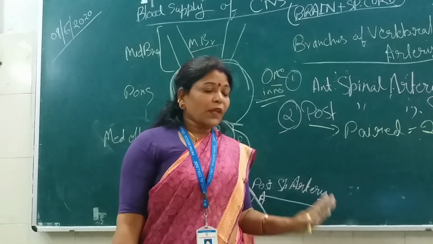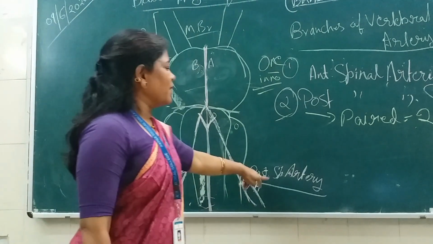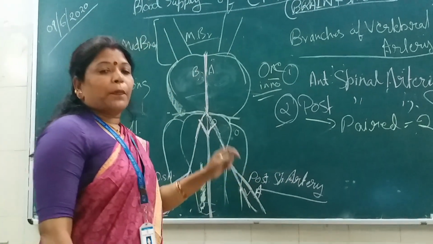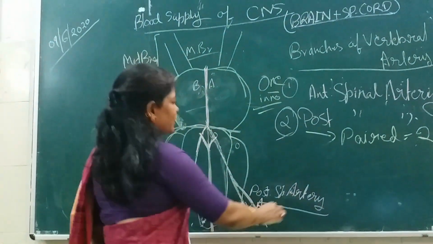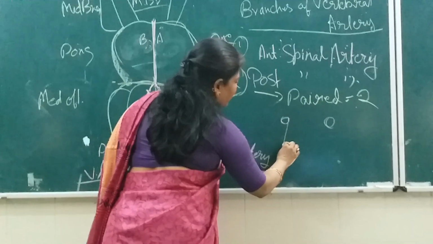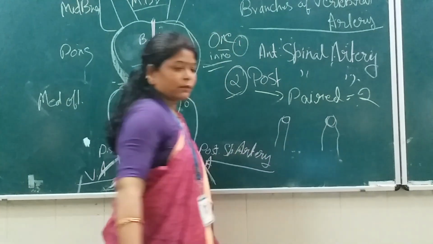Okay. Again this posterior spinal artery is a paired one, but what will it do? On both sides, this posterior spinal artery is divided into two branches from above downwards.